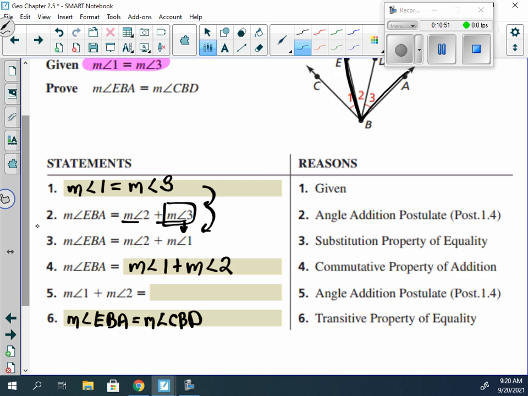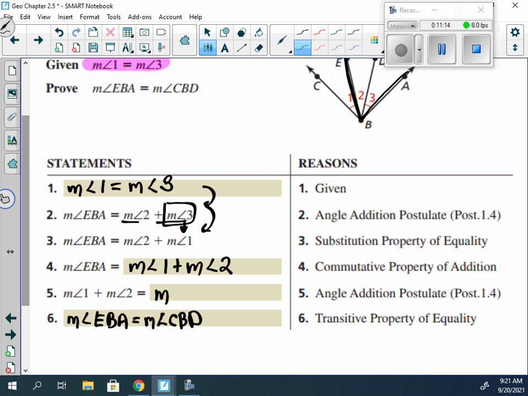CBD. Have I said anything up to step 4 about CBD? So if I don't mention it in step 5, is there any way that I could say that they're equal? Right, and it gives us a hint, angle addition postulate, yes? What is CBD? 1 plus 2.